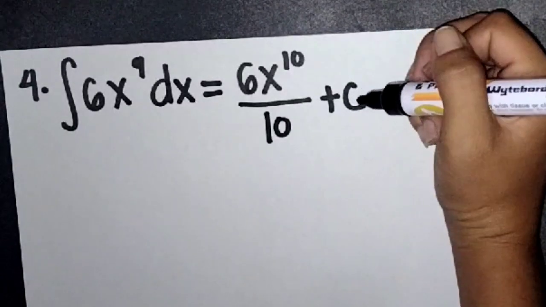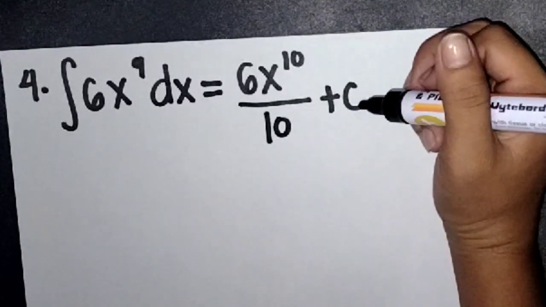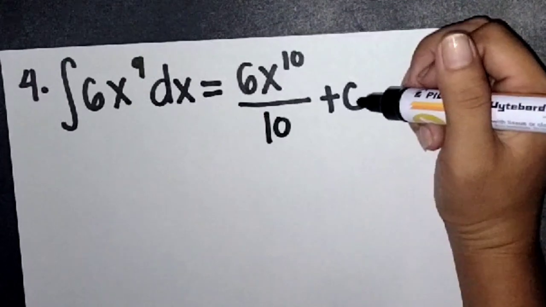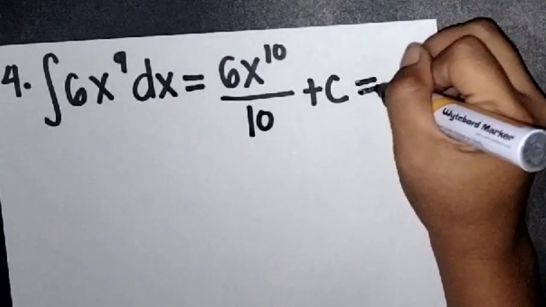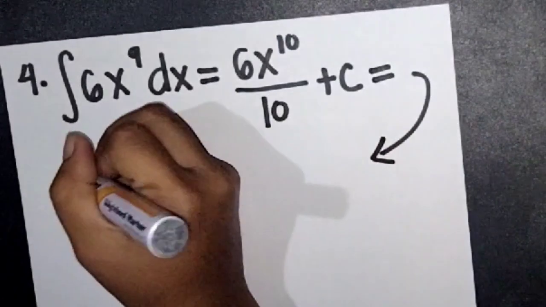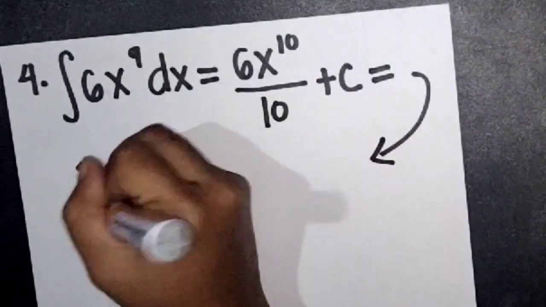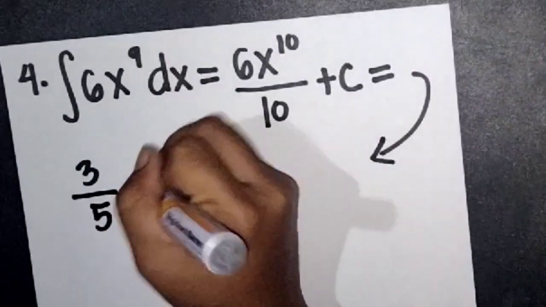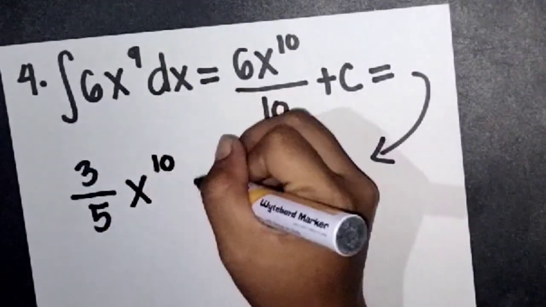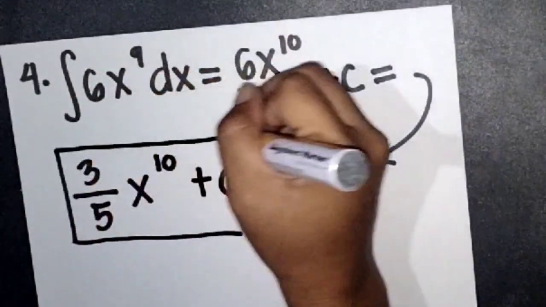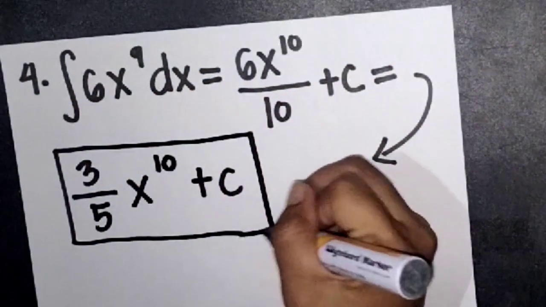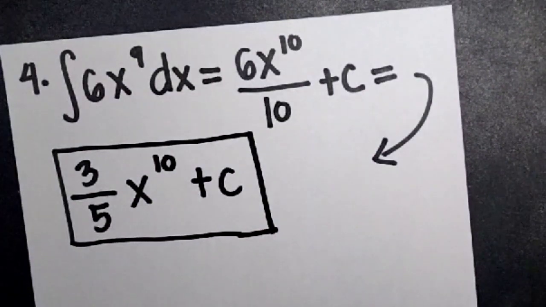Now this one, we can reduce 6 over 10. If we divide both numbers by 2, that becomes 3 over 5 x to the power of 10 plus c. So that's the answer of the antiderivative of 6x to the power of 9.